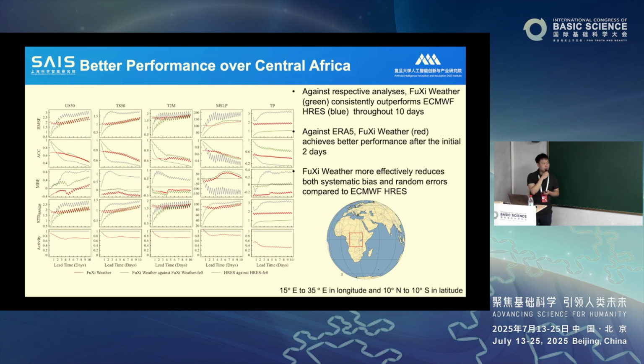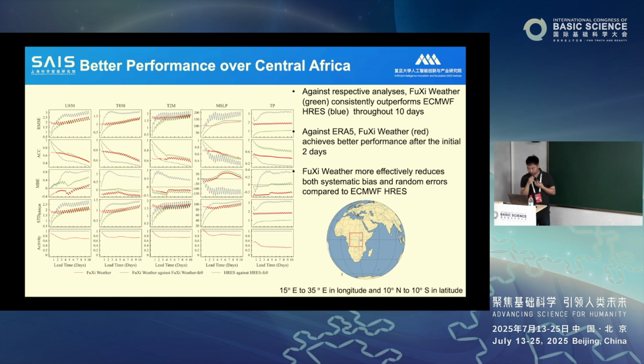And another surprising result we get is better performance over Central Africa, because the Africa region is a region where we don't have much ground observations, and both our model and the physical model can mostly rely on remote sensing data, for example, satellite data. So for those regions we have a very similar starting point.